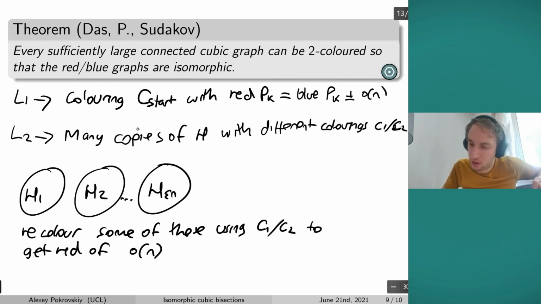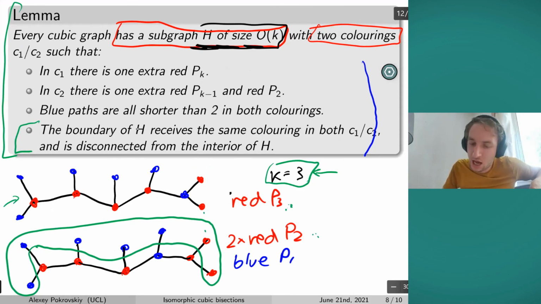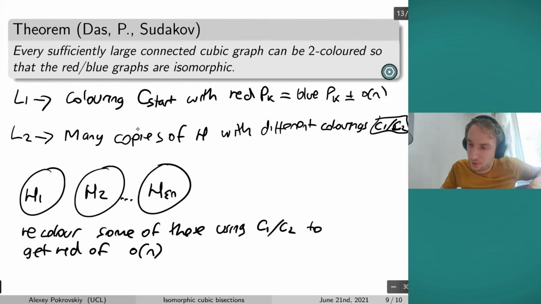I'm lying a bit here, but the intuition is that these 2 colorings change the counts of particular paths by 1. If you color the right number of these by C1 and the right number of them by C2, you can make the difference of the path counts as small as possible. That's the idea of how to get this theorem.